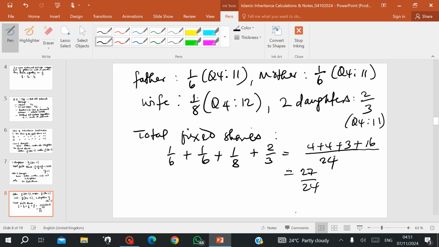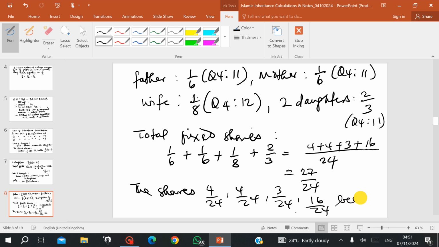So in this case, you put all the fixed shares in the same denominator. The shares will now look like this: 4/24, 4/24, 3/24, and then 16/24.